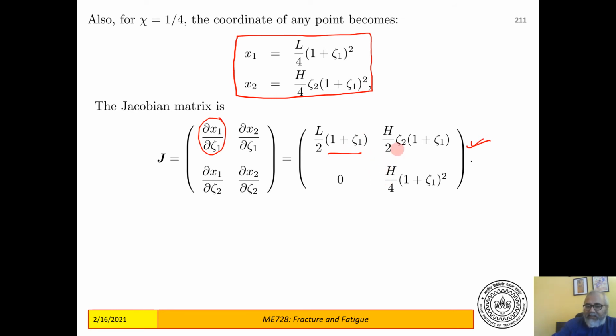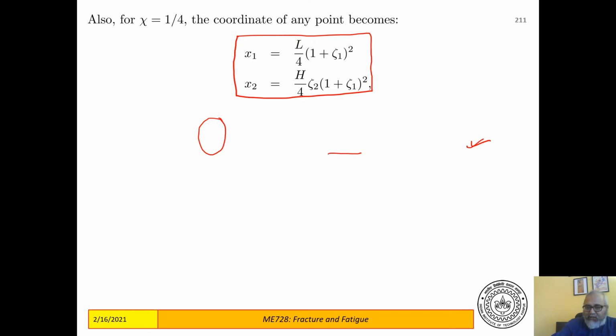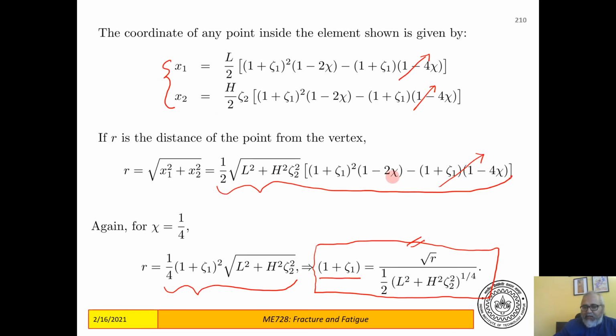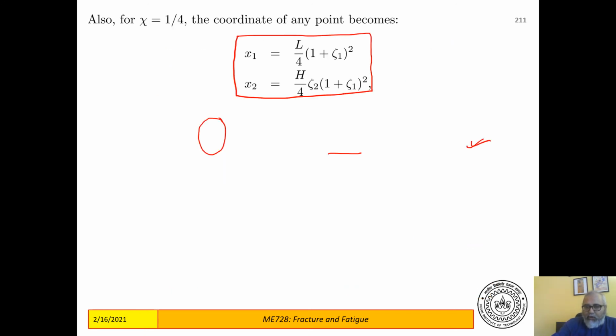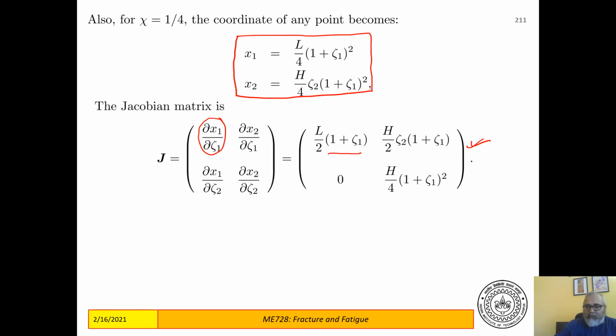We will see that there would be zeta 2 in these functions, because 1 plus zeta 1 contains root r in the numerator, and there is zeta 2 square to the power 1/4 in the denominator. So it will contain zeta 2, but all these terms would vary as root r divided by some function. So they would all go as root r. So root r would be included in the Jacobian itself.